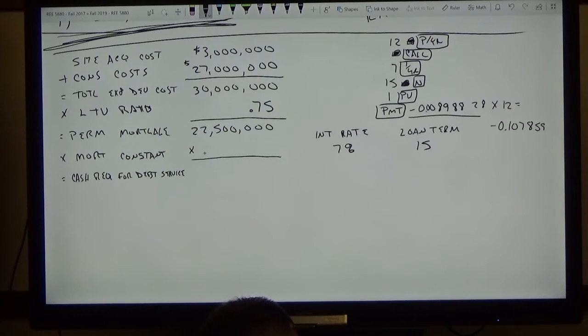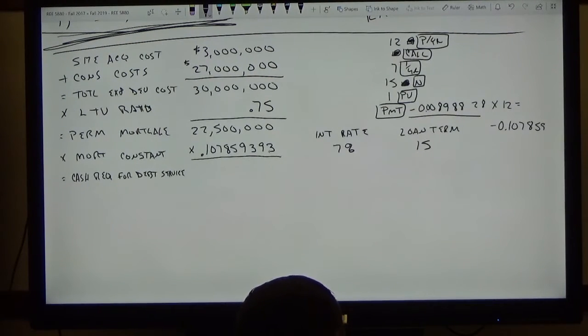So we can put that in over here: 0.1078599393. Now this is one time where it really does make sense to carry the decimals out, because it will have an impact on the actual dollar amount of the payment.